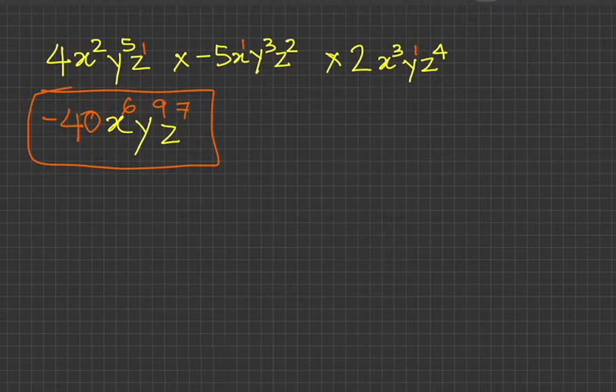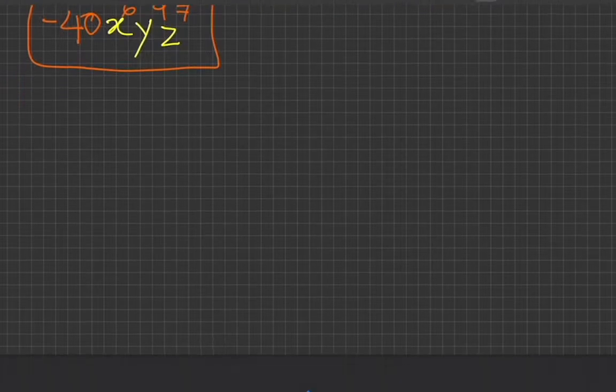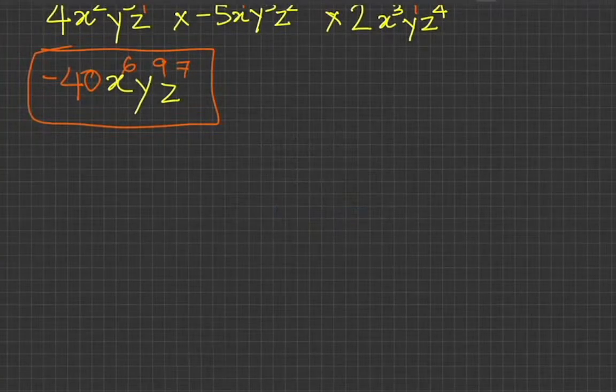Good job. Okay, next one. If I am multiplying a binomial by a monomial, let's say this is the monomial multiplier, a, and then this is my multiplicand, which is a binomial, let's say b plus c.